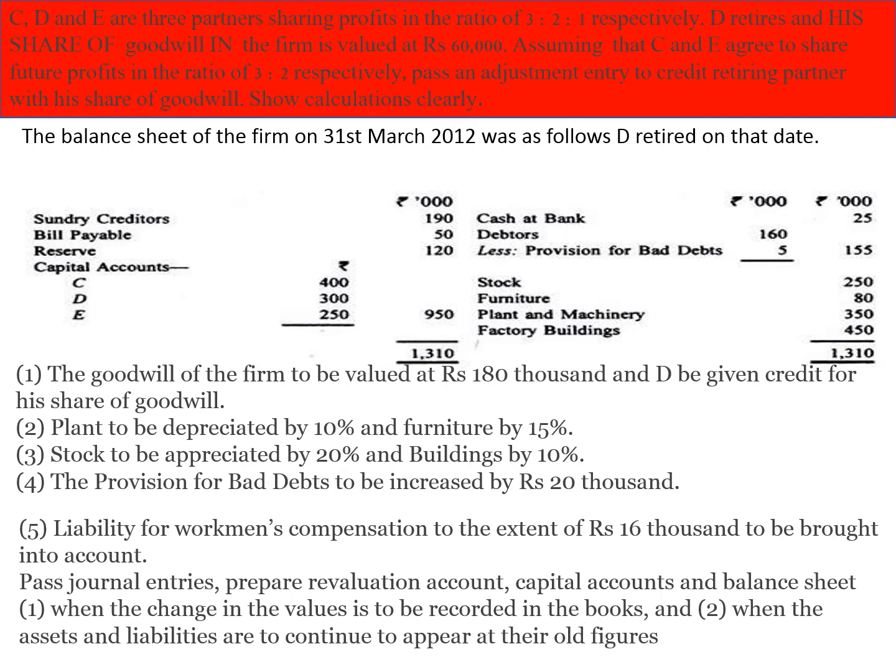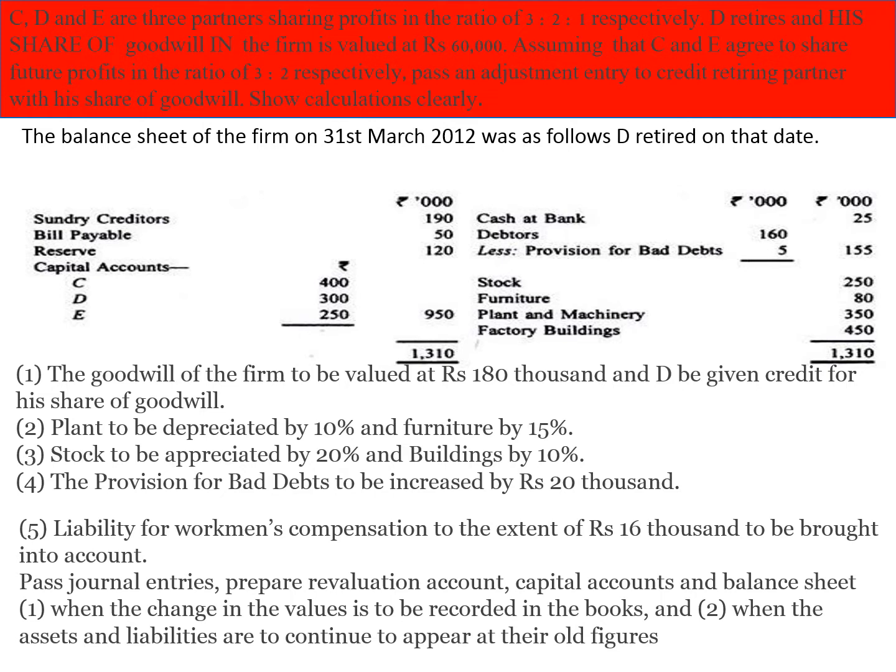The balance sheet of the firm as on 31st March 2012 was as follows. D retired on that date. Now here you are given sundry creditors 1,90,000.